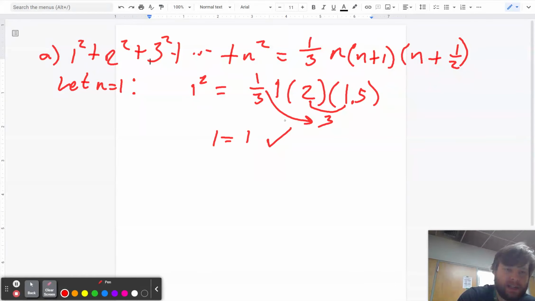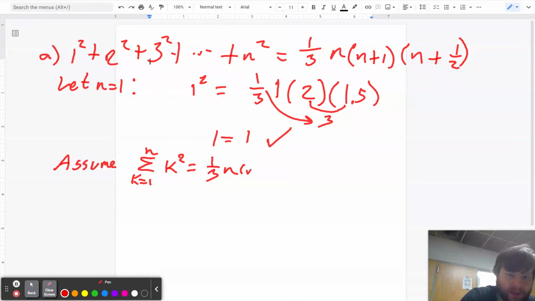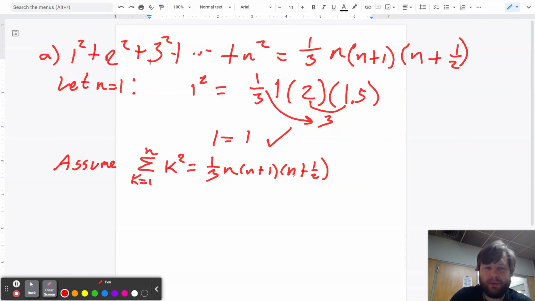Then the second step is to assume. I'm just going to write it in sigma notation because it's a little shorter. Assume the sum from k equals 1 to n of k squared equals 1/3 times n times n plus 1 times n plus 1/2. And then we look at the inductive step here.